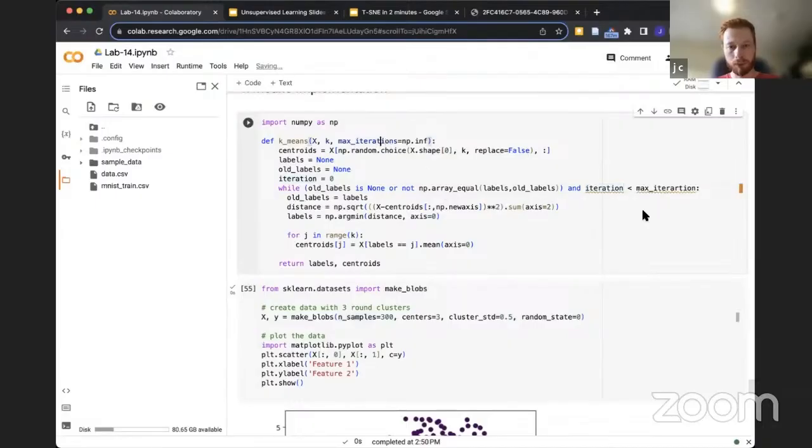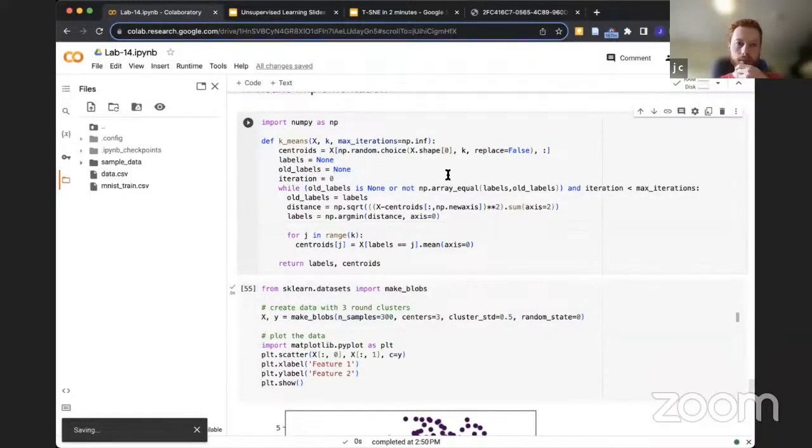Where is it wrong? No, it's gone. Okay. Since we update our centroids at the end, we have to make sure we do not update our centroids if the iteration is at the max.